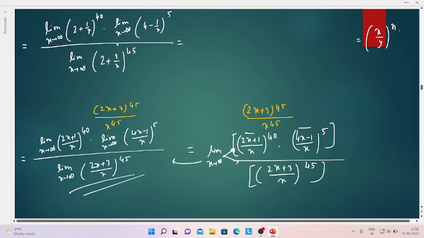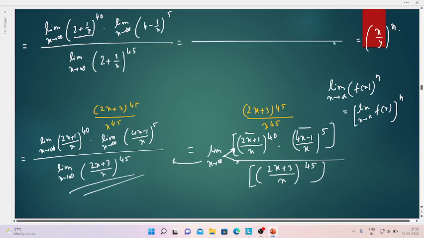So you also have a formula, a theory: if limit x tending to a of f(x) to the power n is there, that can be written as limit x tending to a of f(x), whole part to the power n. Similarly, here the function is 2 plus 1 upon x to the power 40, and the limit is outside of the function.